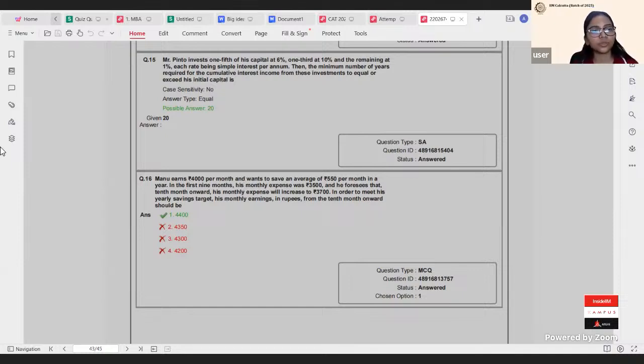This is purely based on formula. We consider an initial capital to be, say, 100x. Calculate the interest values, and it should at least be greater than or equal to 100x. Solve for it, and we get the value.